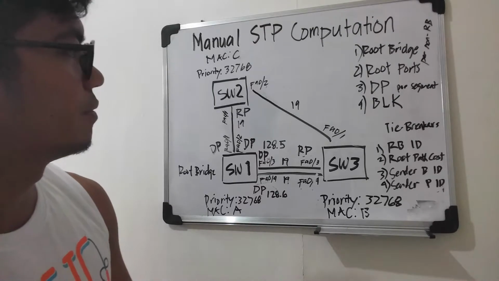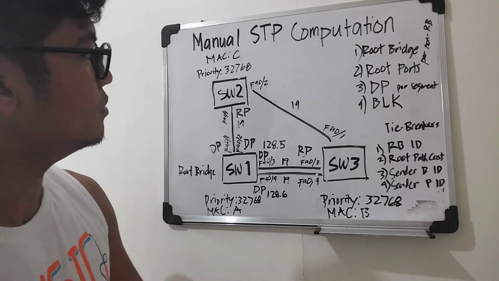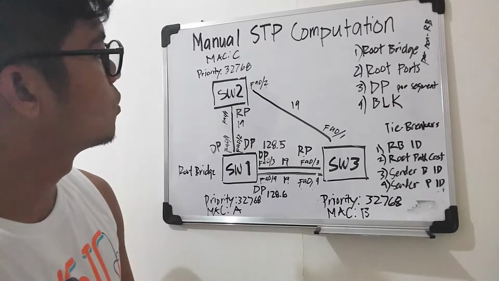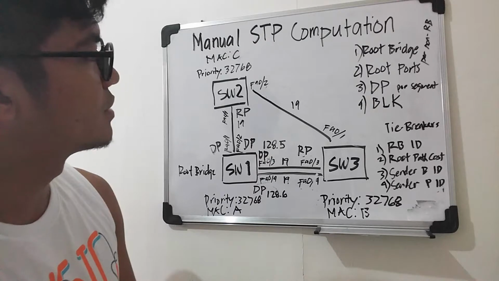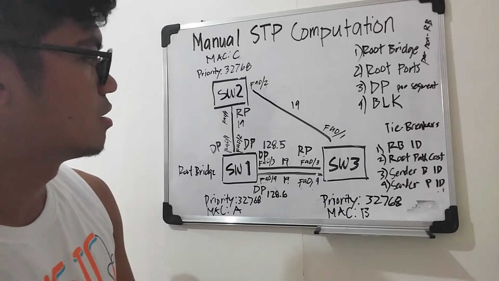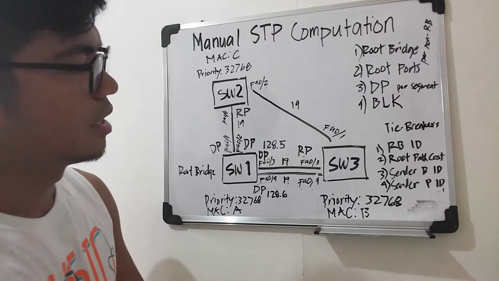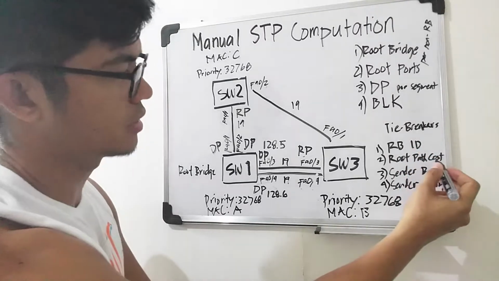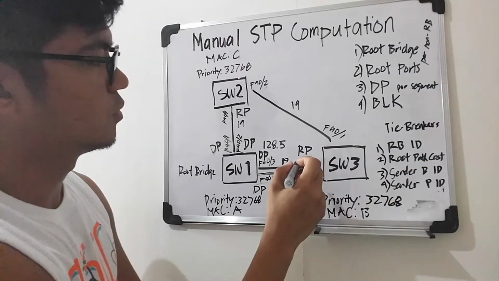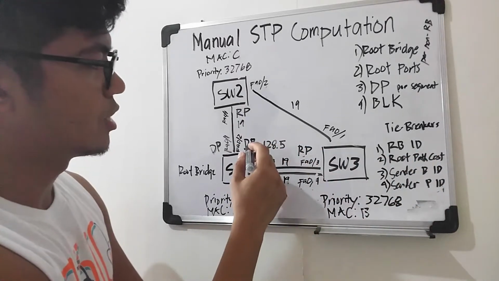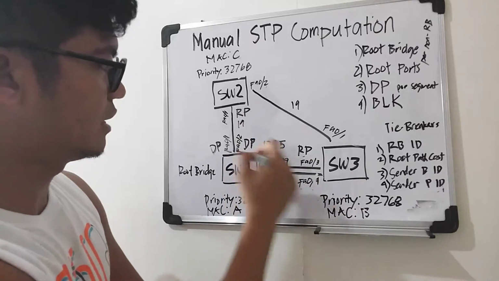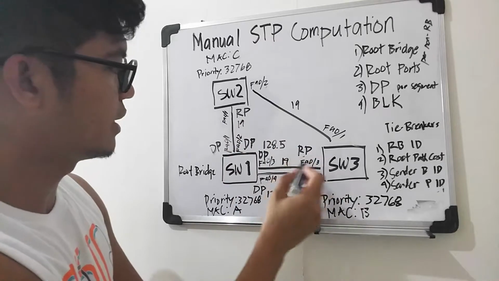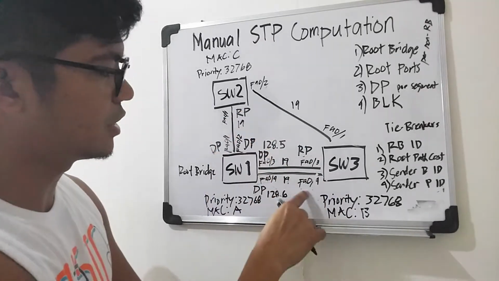I said per segment, so what about this segment, or this link? We can't use the first tiebreaker, the bridge ID, so we go down to root path cost, which is the same on both links: 19 here, 19 here.